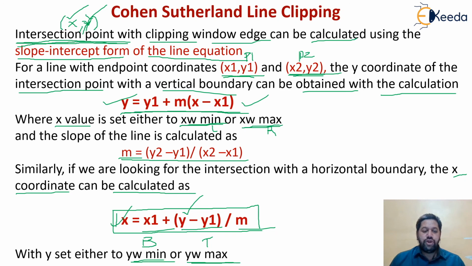So this is all about the Cohen Sutherland line clipping algorithm. It is one of the oldest algorithms, and it is generally used everywhere to perform the line clipping operation.